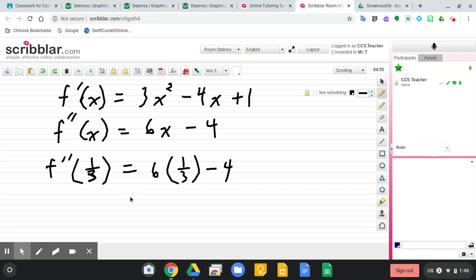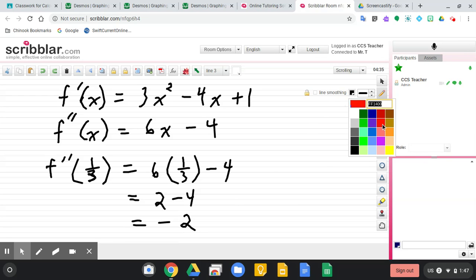Well, 6 times 1/3, 3 goes into 6 2 times. That's 2 minus 4, which is minus 2. I'm not concerned that the actual value is minus 2. What I want to emphasize here is that minus 2 is a negative number.